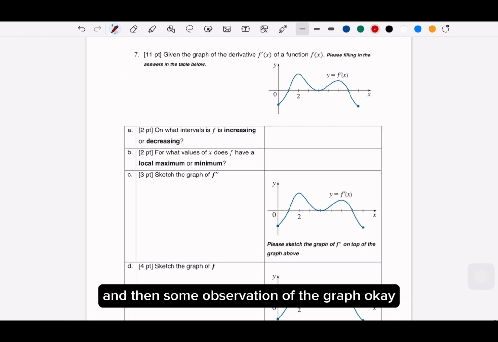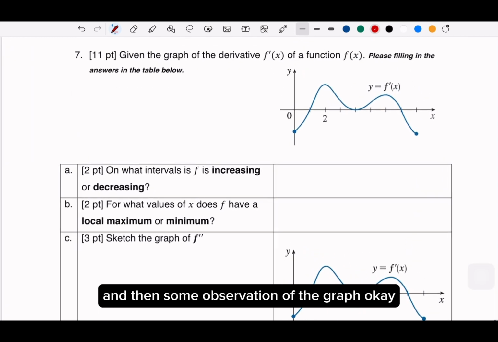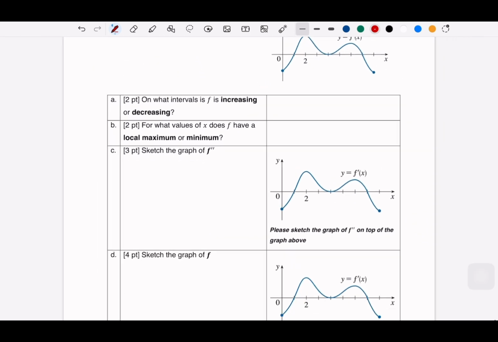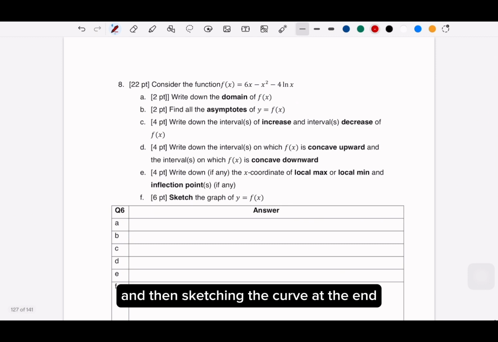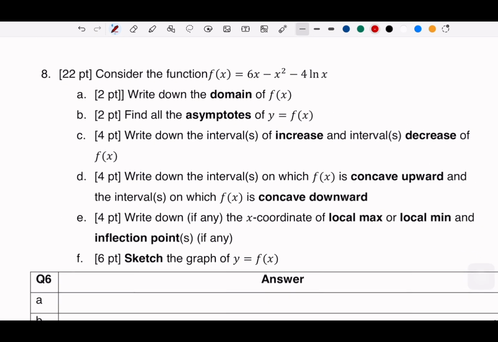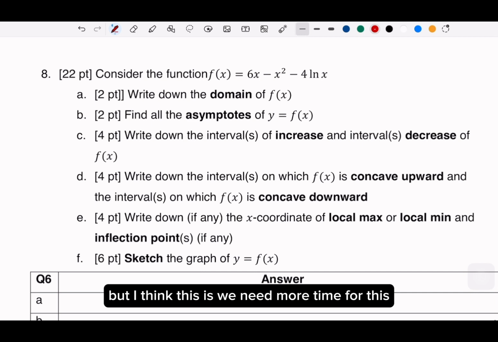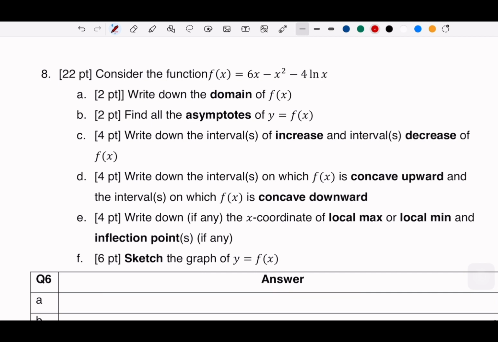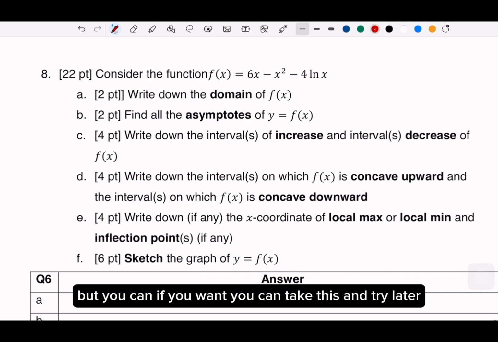And then some observation of the graph, okay? And then sketching the curve at the end. But I think we need more time for this. But if you want, you can take this and try later.